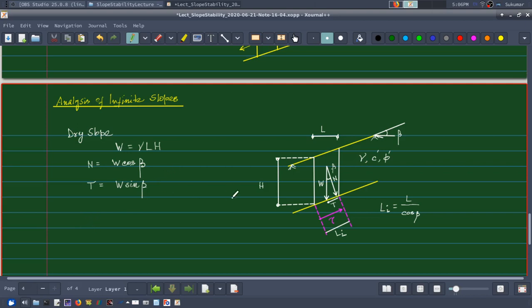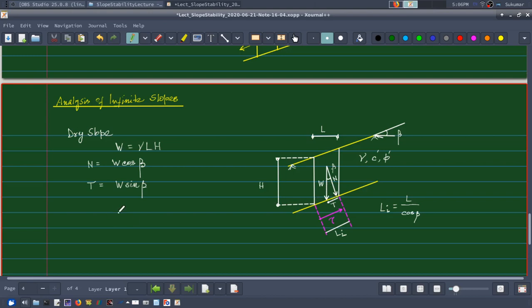Now this is my disturbing force, and what is resisting that disturbing force? It is the shear strength available along this failure surface.